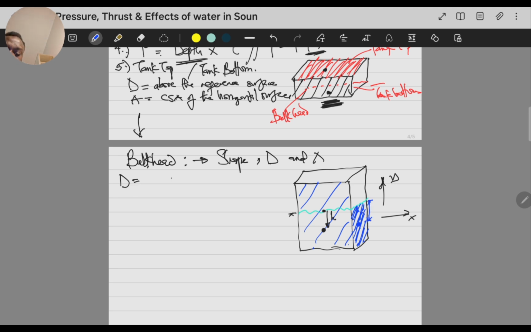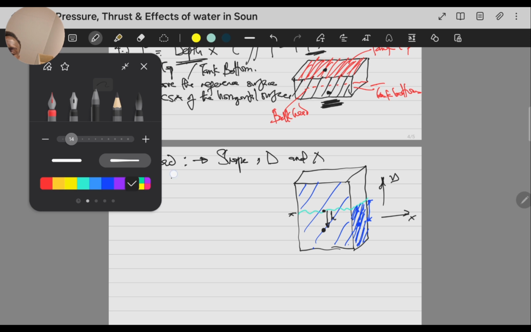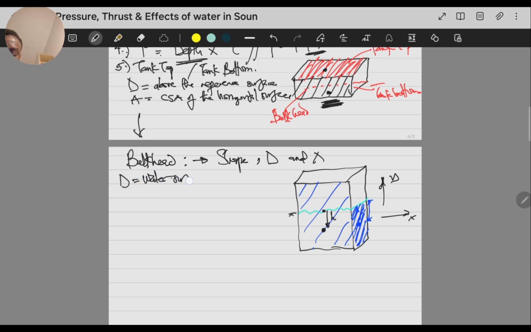So when we are considering the depth, we are considering it from the water surface to the centroid, or the center of gravity of the vertical reference. The vertical reference I mean here is the bulkhead. If it's not a flat horizontal surface, then we always consider the centroid.